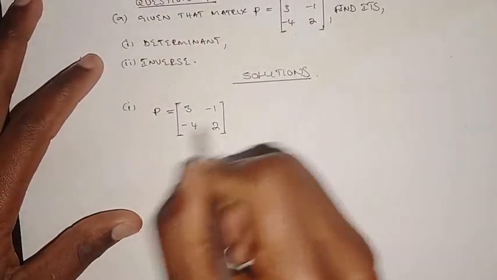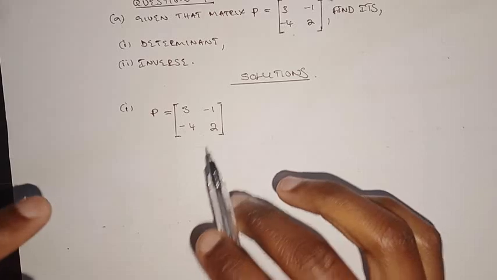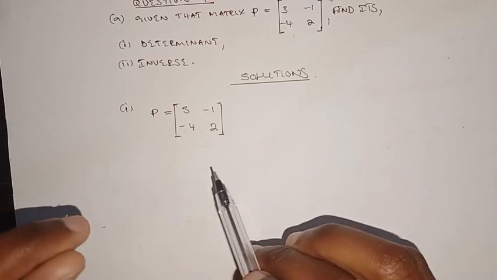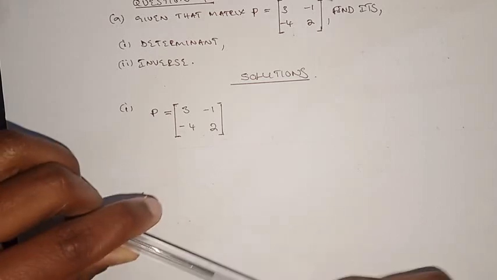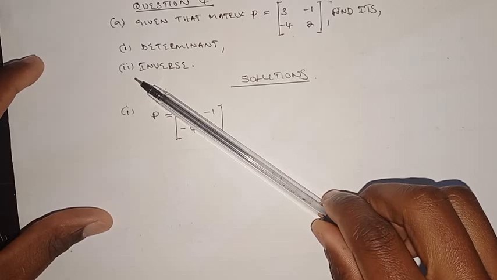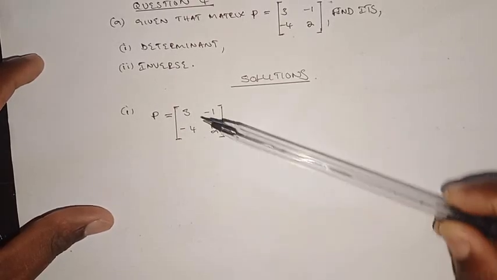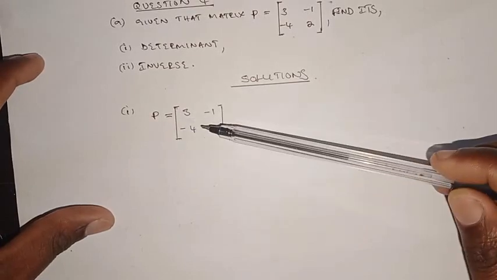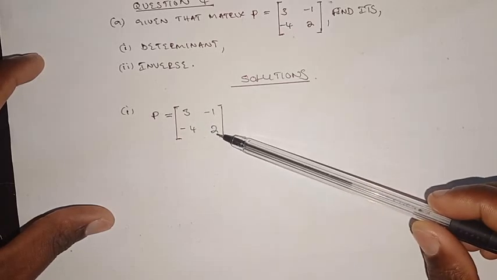So to find the determinant of matrix P, this is what we do. We multiply the elements in the leading diagonal. By leading diagonal, we mean this diagonal, as you can see here. So when you look at this matrix, the elements that are in the leading diagonal are 3 and 2.